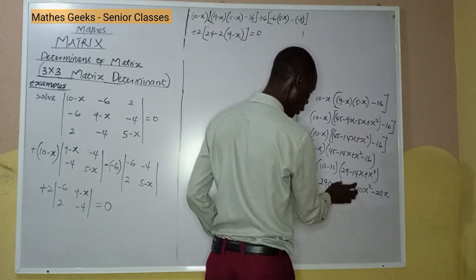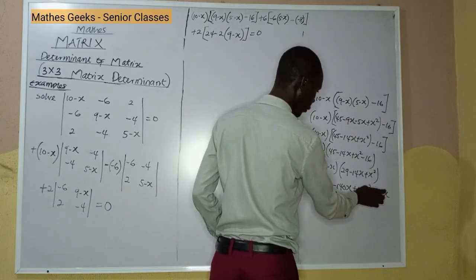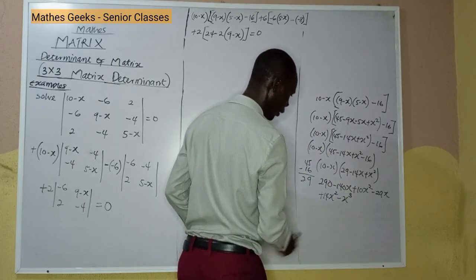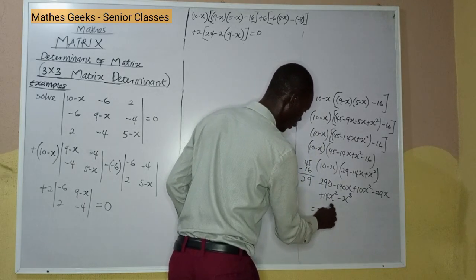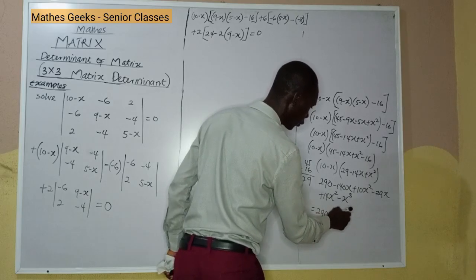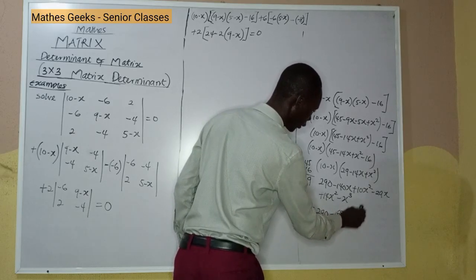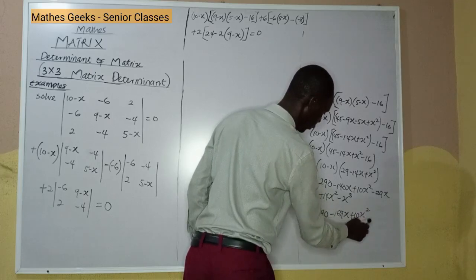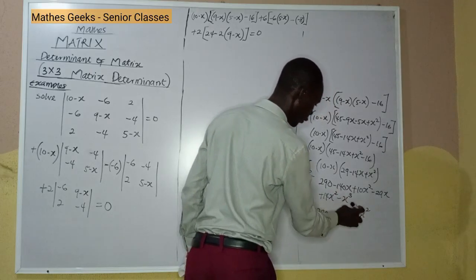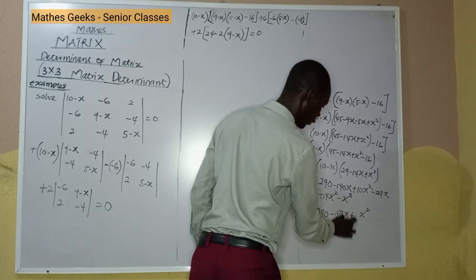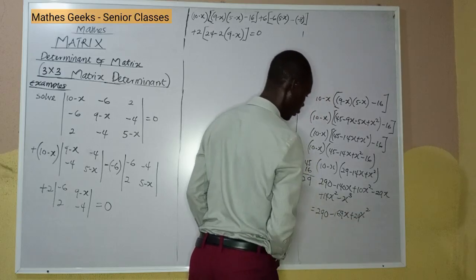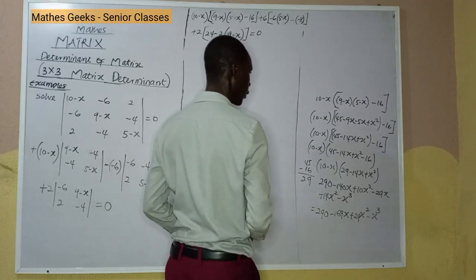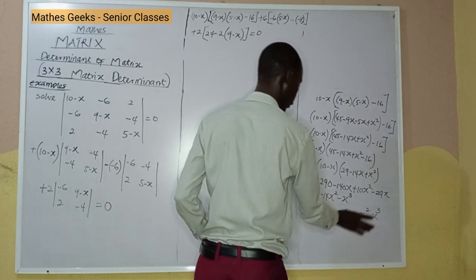So minus 140x minus 29x will give us minus 169x. So this is 290 minus 169x plus 10x squared, 10x squared plus 14x squared will give us 24x squared, minus x cubed. So this whole part is equal to this part.